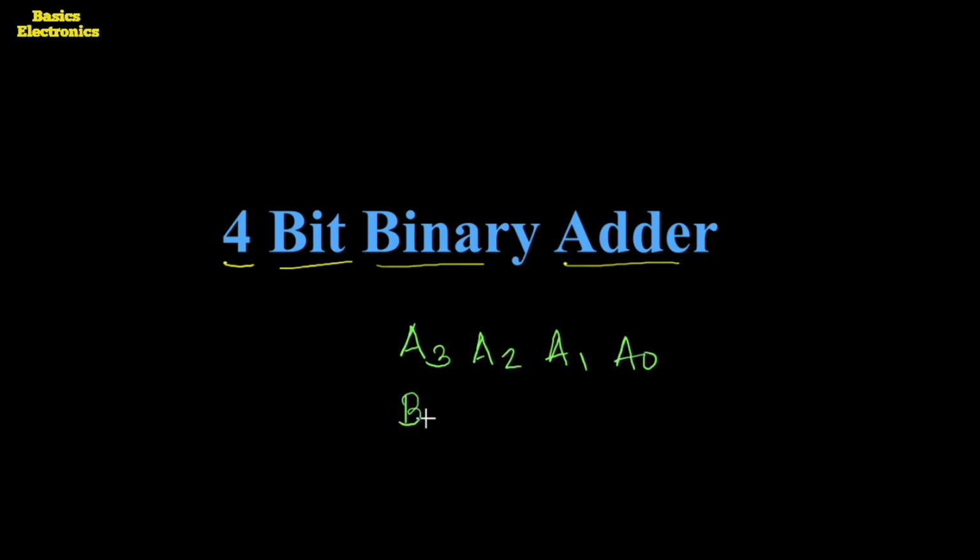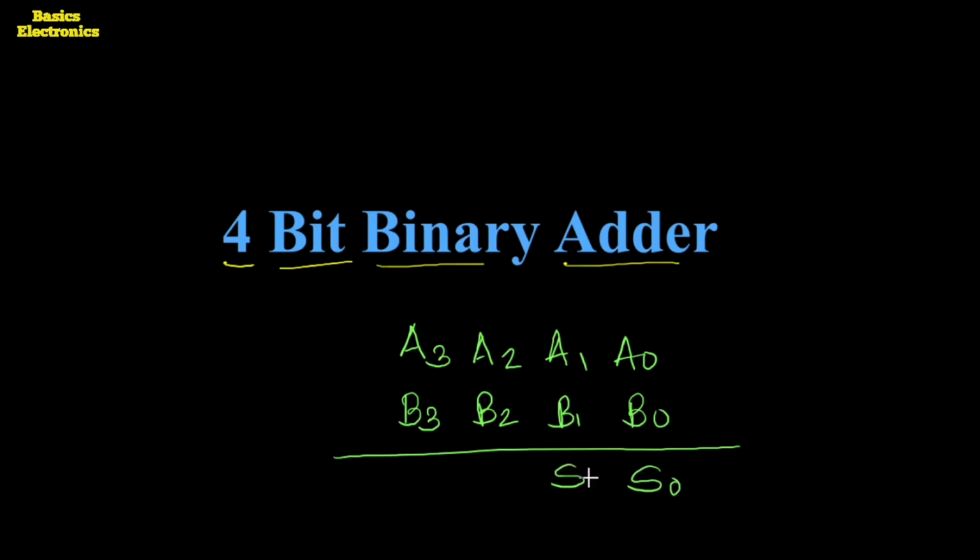The second number is B3, B2, B1 and B0. It produces the output as sum S0, S1, S2, S3 and the carry C4.